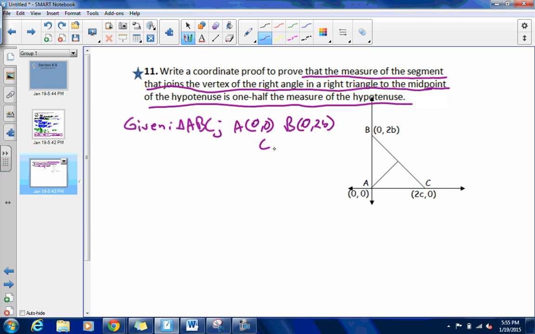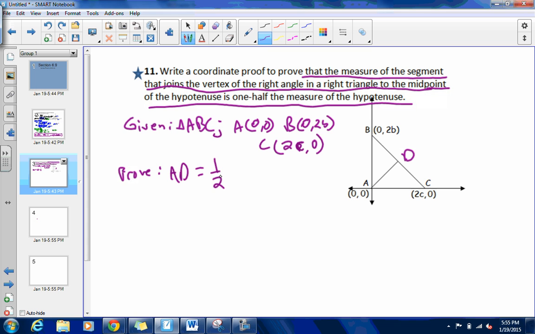And C is 2c and 0. We're trying to prove that, we'll say this is D here, AD is 1/2 of the hypotenuse, which is BC.